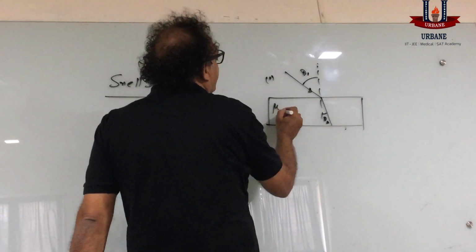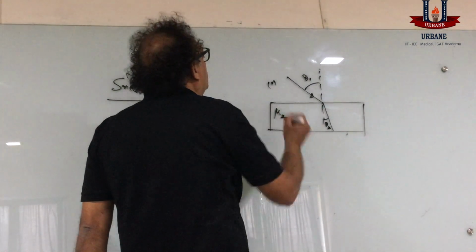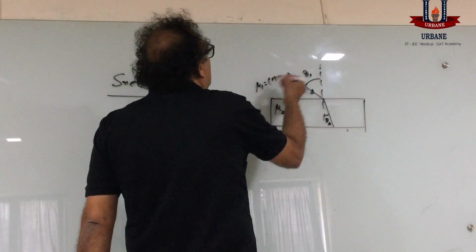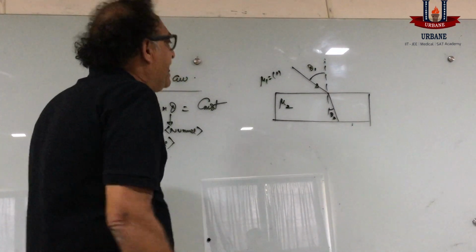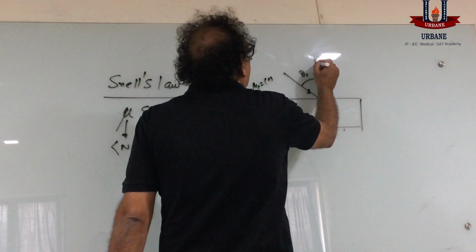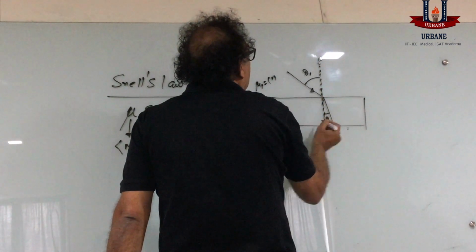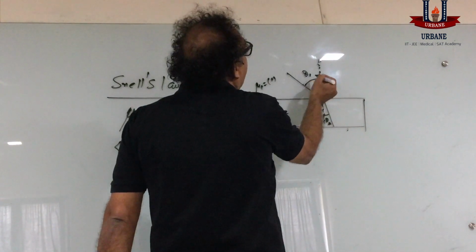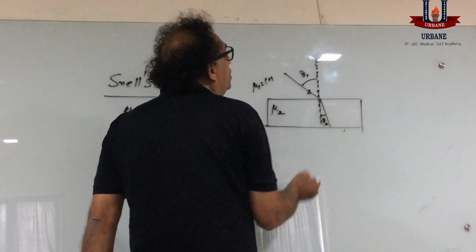For simplicity, let us try to call this as mu 2 and this as mu 1 whose value is 1. If we apply the Snell's law, remember that this dotted line is a normal. And the same ray of light is making an angle theta 1 and theta 2 in the two media with the same normal.